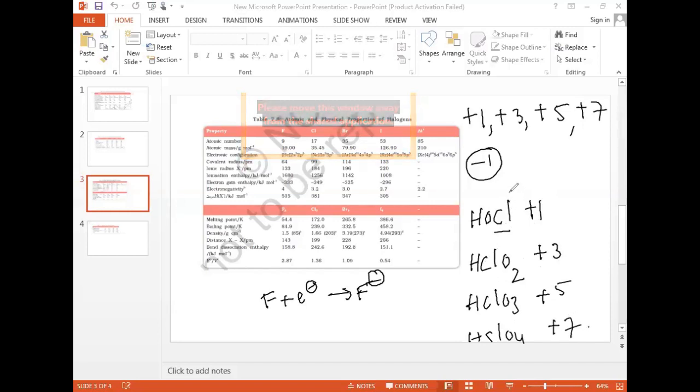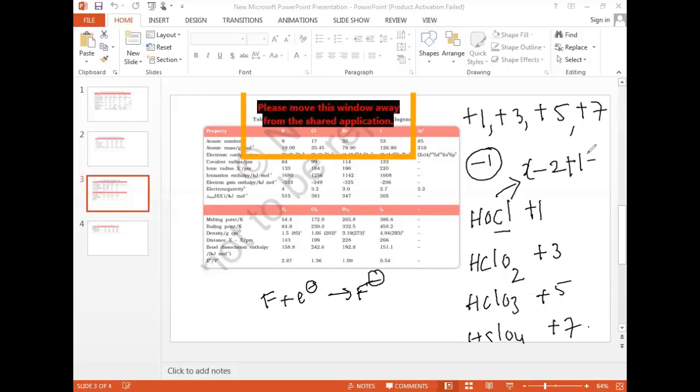It means what? This already we explained in redox reactions. X, halogen oxidation state only we want X. Then oxygen is how much? -2. Hydrogen is how much? +1, which is equal to 0. X - 1 is equal to 0. X is equal to 1. +1 you can take.